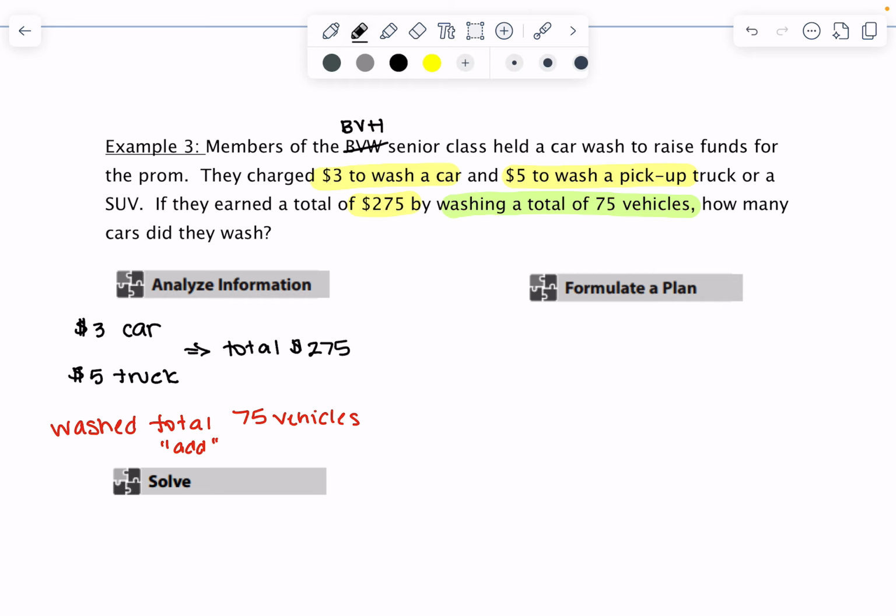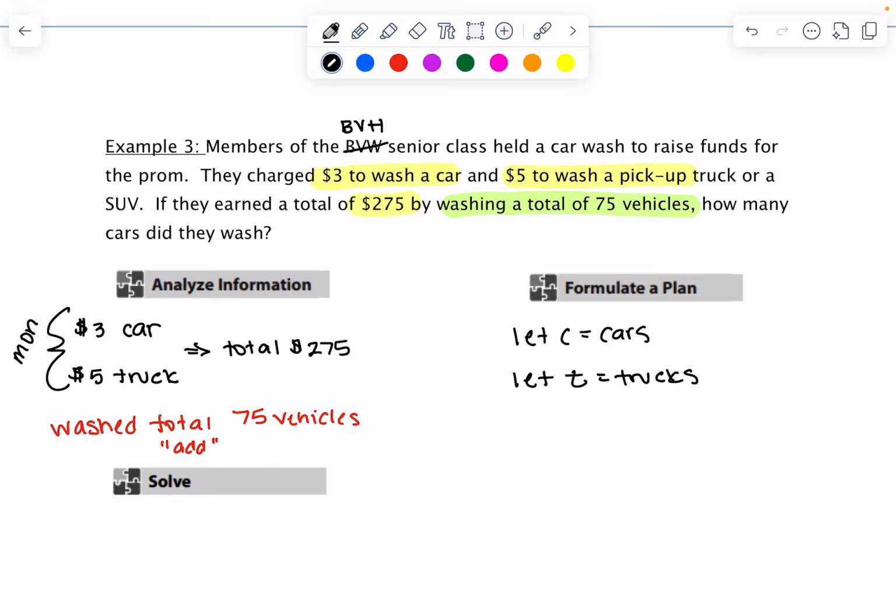So I'm going to go ahead and let C be cars. And I'm going to let T, and I make a little curl with my T because otherwise it looks like a plus sign, let T be trucks. And we're going to have two different equations here. We're going to have this equation that has this information, and all of this information has money in it, has dollar signs.